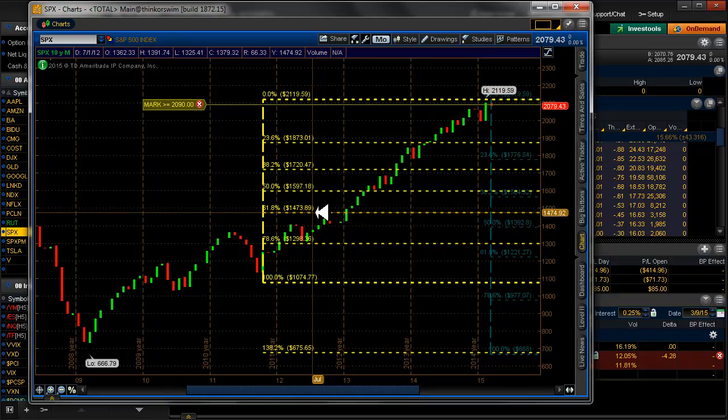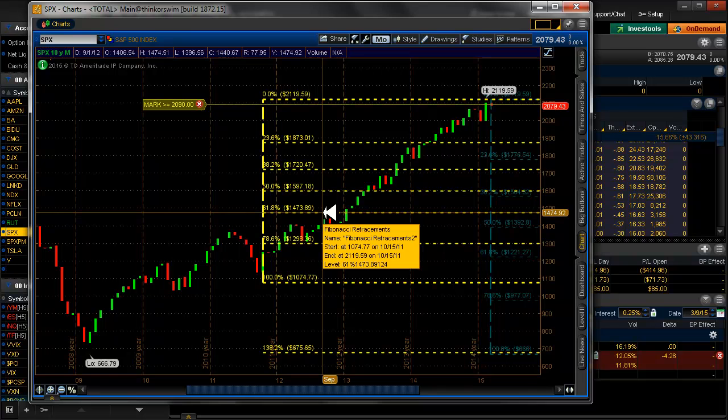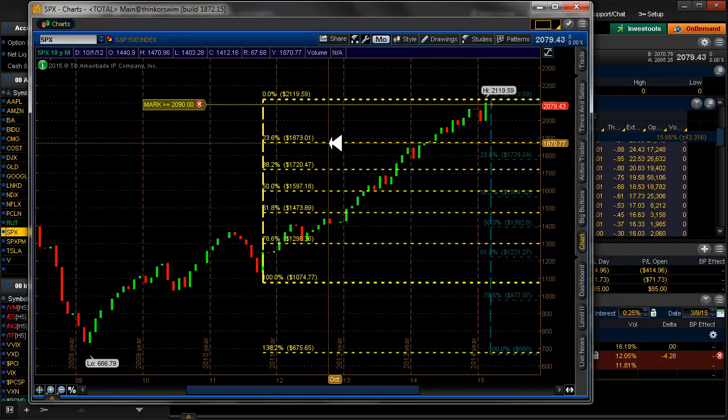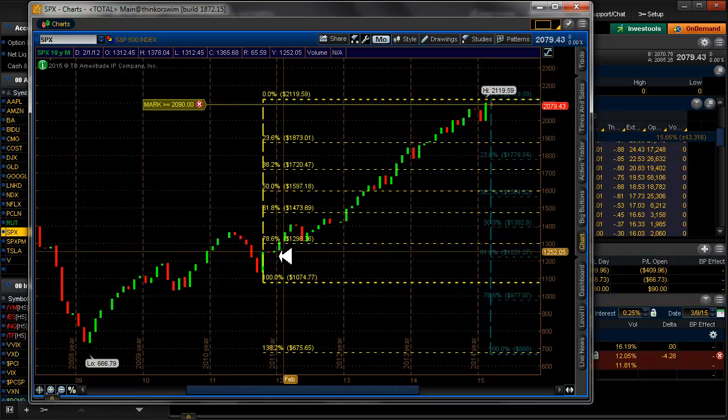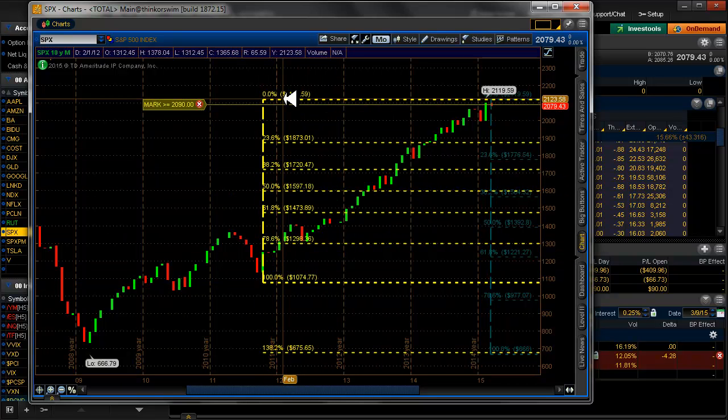The most popular one, when you get a full retracement, is down here at the 61.8, but this is an interim here, at 23 and 38.2, and this is a 50% retracement between this low and this high.